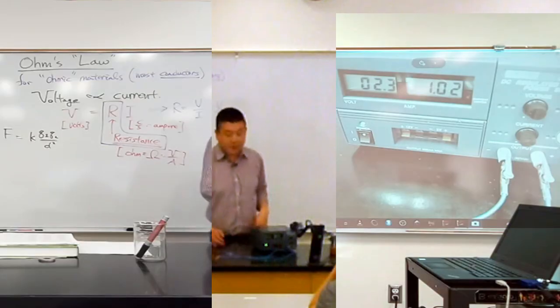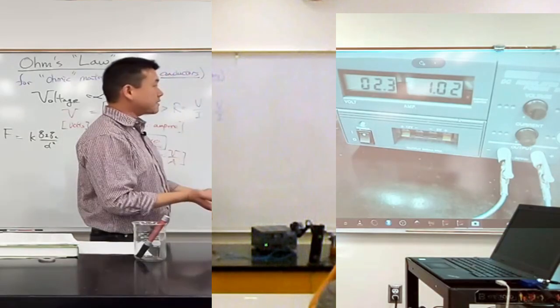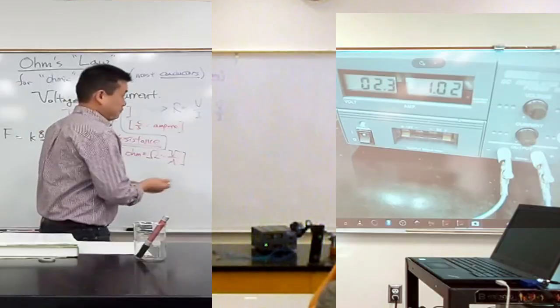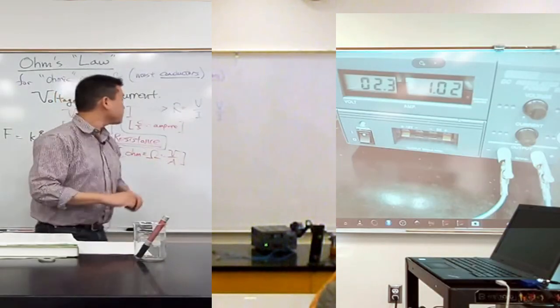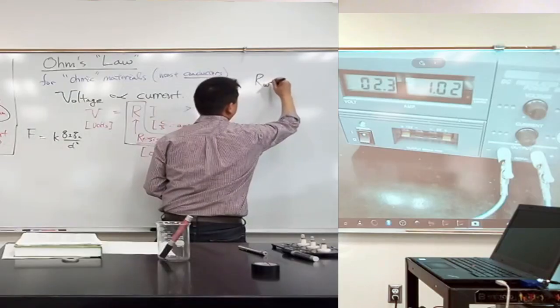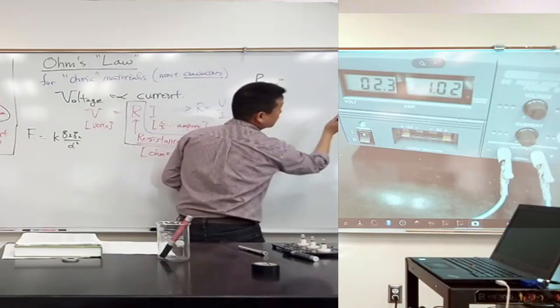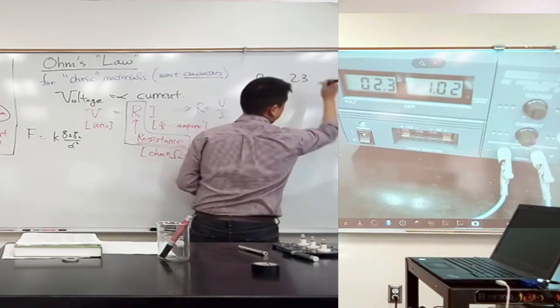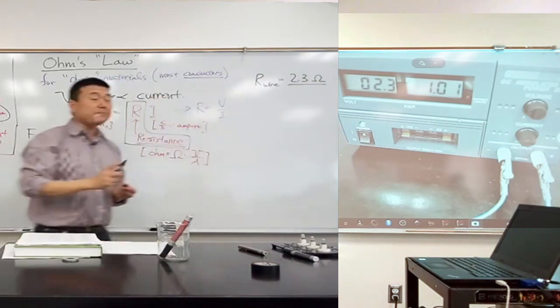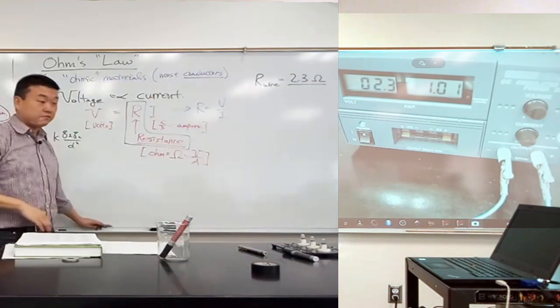All right, close enough. So this piece of wire, we are just measuring that there, right? So volts per current. The resistance of that wire that you see is equal to 2.3 volts per ampere, or 2.3 ohm. It's actually a pretty small resistance, which makes sense.